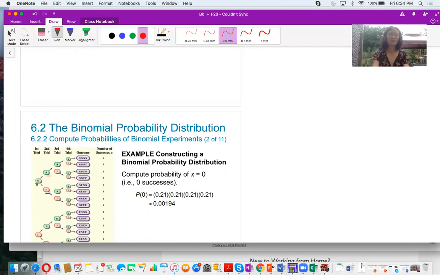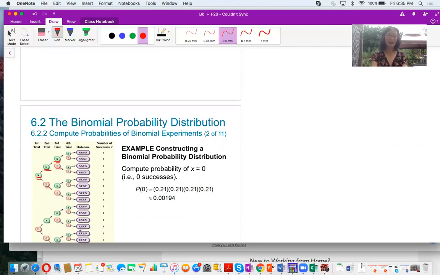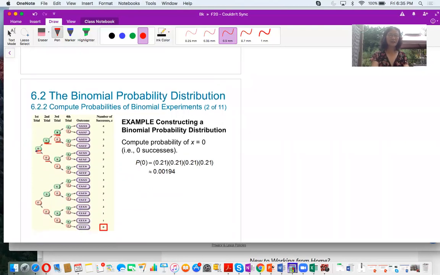And when the first one is success, the second one is success, the third one could be success, could be failure. And when the first one is success, second one success, third one is success, the fourth one could be success, could be failure. So you keep on this pattern. And this is the first flight is success. How about the first flight is failure? You get this tree diagram.